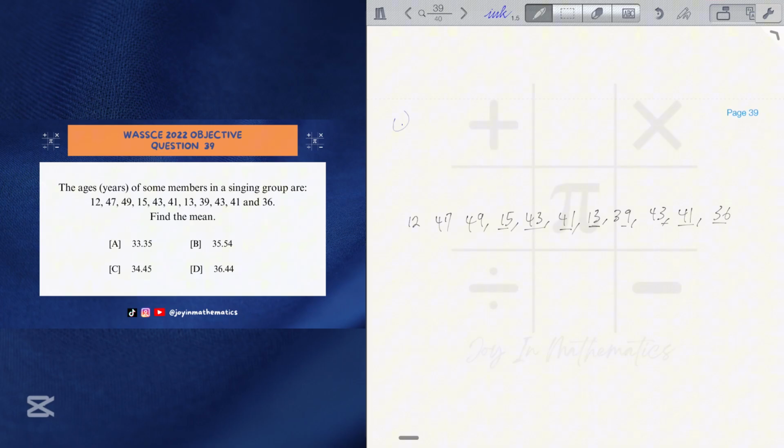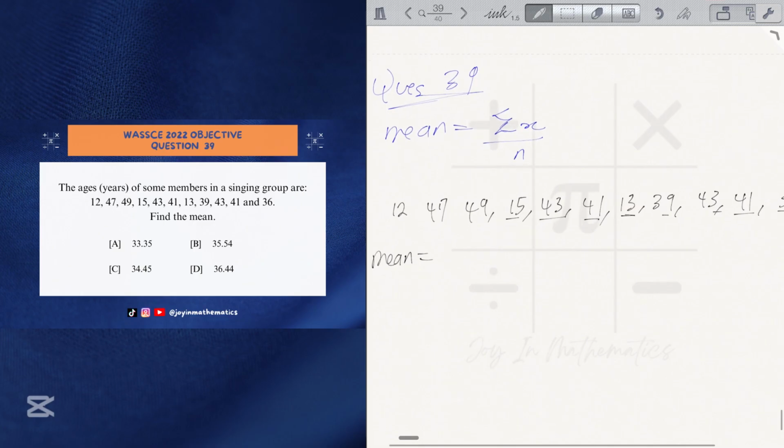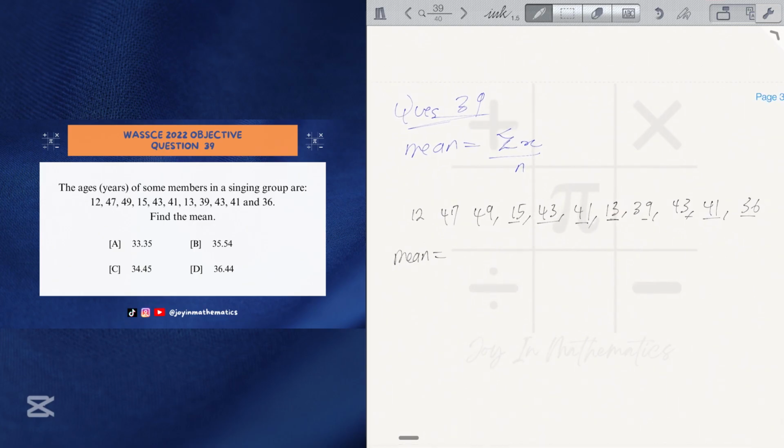Question 39. We have that the mean is equal to summation of x divided by n. So this is the data set. The mean will just be equal to everything summed together. We are not considering the arrangement, and if you still want to consider the arrangement, it's fine, but it doesn't matter in mean.